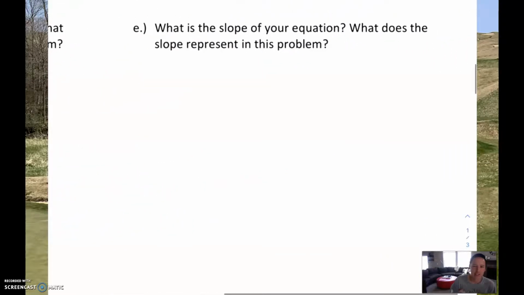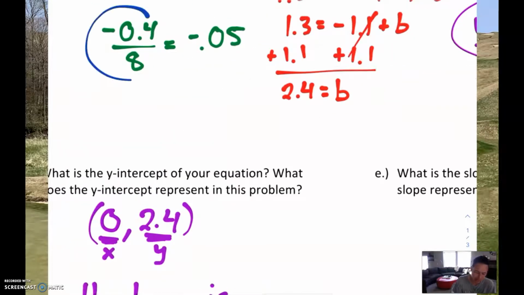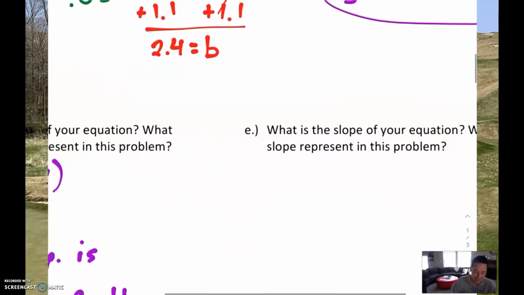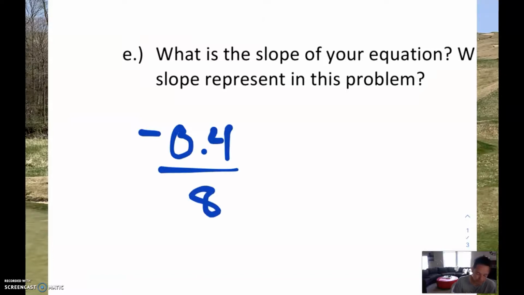Now we get to this one here, and again, the slope is one of the more important ones that we want to focus on for our interpretation. So what is the slope? There are a couple ways you could do it, and I think this way might be easier to interpret. If you think of it as negative 0.4 over 8, remember this is the change in y, that little triangle means the change, and this is the change in x.